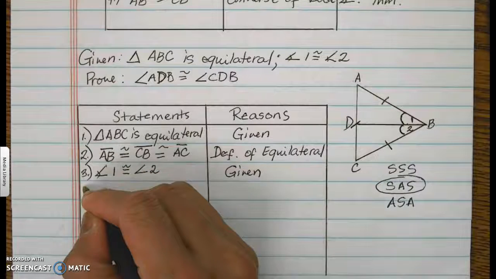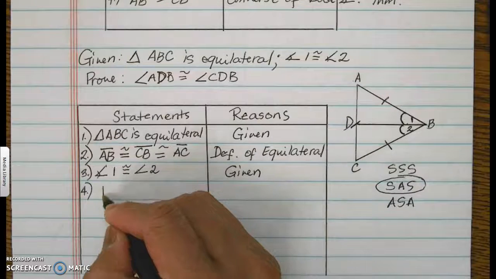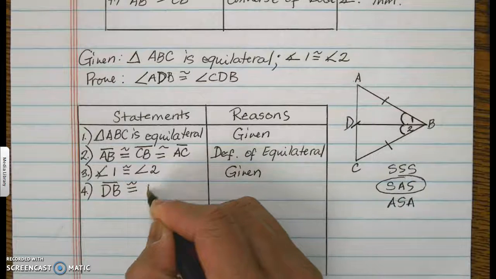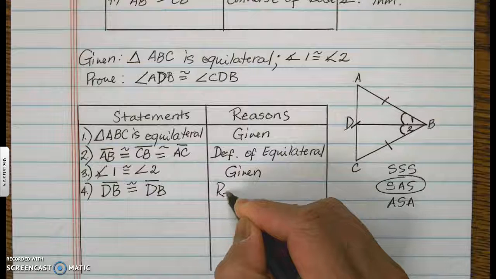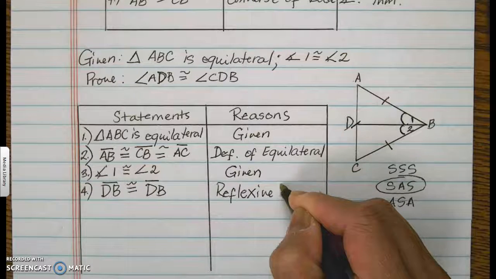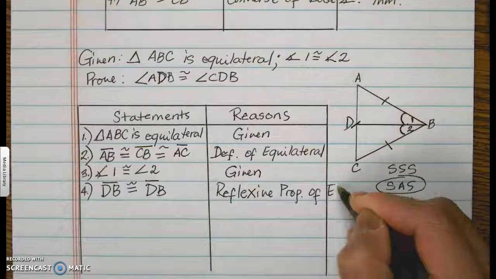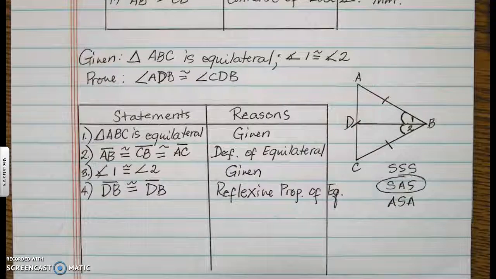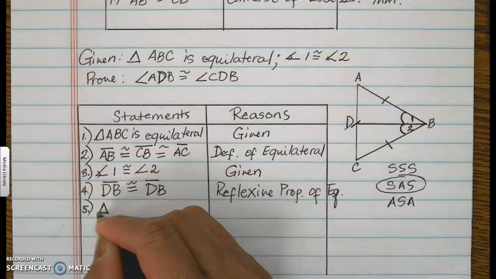Therefore, I'm going to make my fourth statement, which is going to be DB is congruent to itself, DB, and that's by the reflexive property of equality.